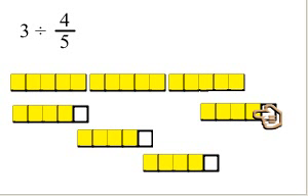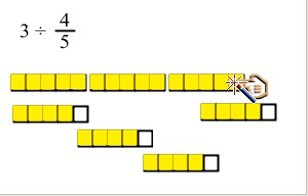So in this case, our answer is 3 and 3/4 when we take a total of 3 and divide it by 4/5. We're trying to find how many 4/5. So this is 1 4/5, this is another 4/5, another 4/5, and 3/4 of 4/5. So our answer is 3 3/4.